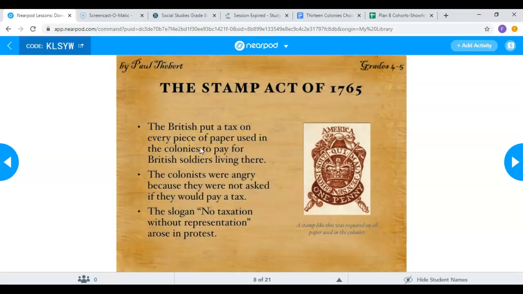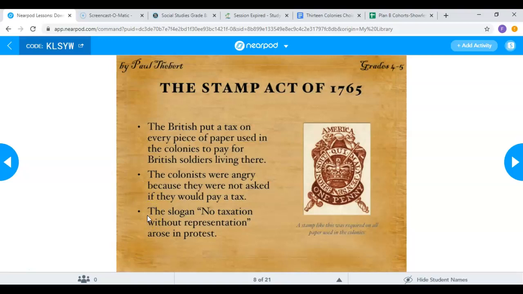And this was basically taxation of the colonists to get some of that money back from the war that they had just fought with France. A lot of these taxations are going to be about Great Britain getting profit back because they were extremely in debt. The colonists were angry because they were not asked if they would pay a tax.